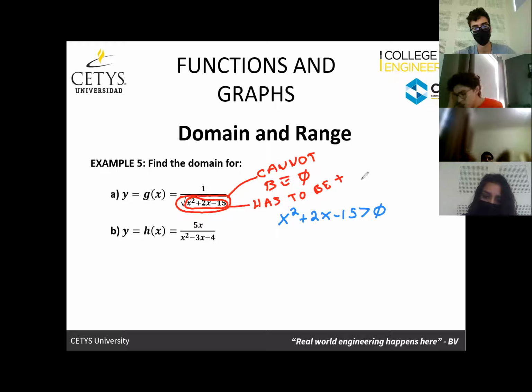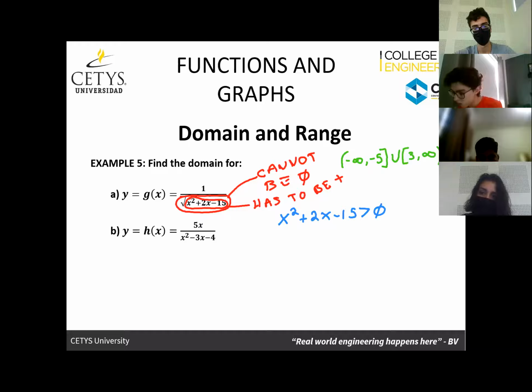We had said that the domain for the previous inequality was minus infinite to minus 5, union from 3 to infinite. Right, Aime? Yes. What would be the domain for this function?